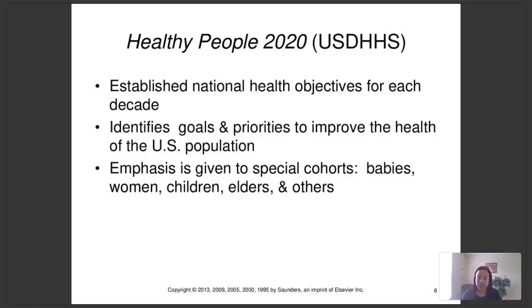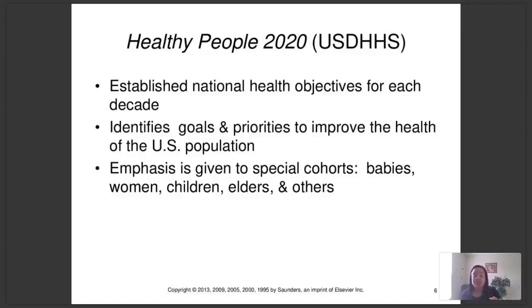But what I want to point out with this is, as it relates to epidemiology, when you're looking at Healthy People 2020, one of the lenses that you can use is from an epi lens, and you're going to have emphasis that is going to be given to specific cohorts. So for instance, you see listed on here, I simply put anybody who is considered a vulnerable population tends to qualify as a special cohort.